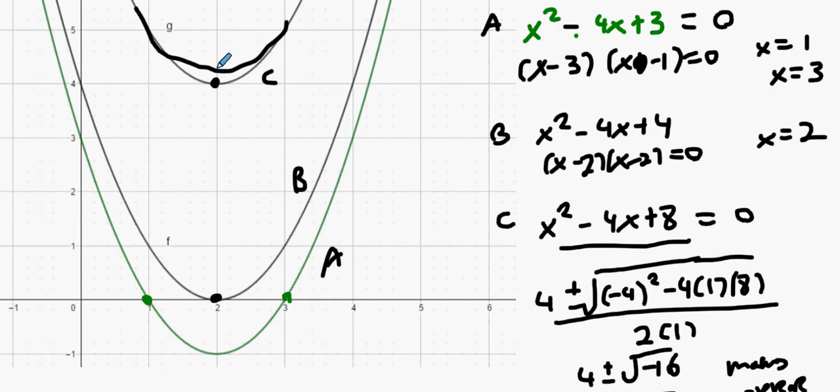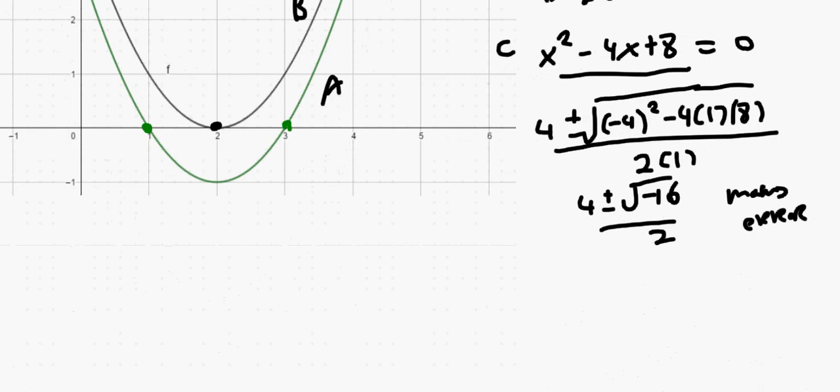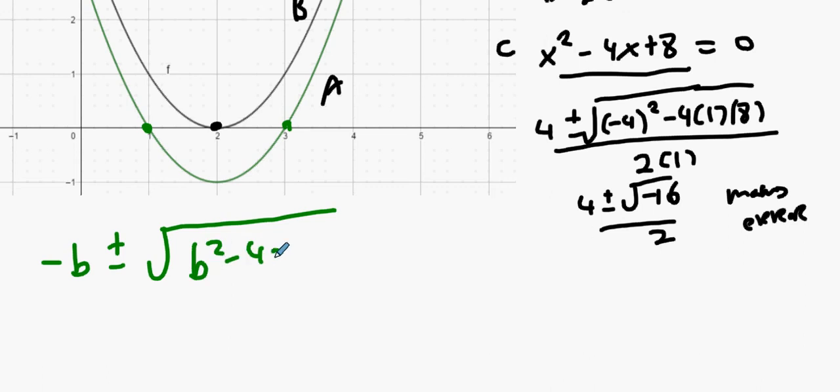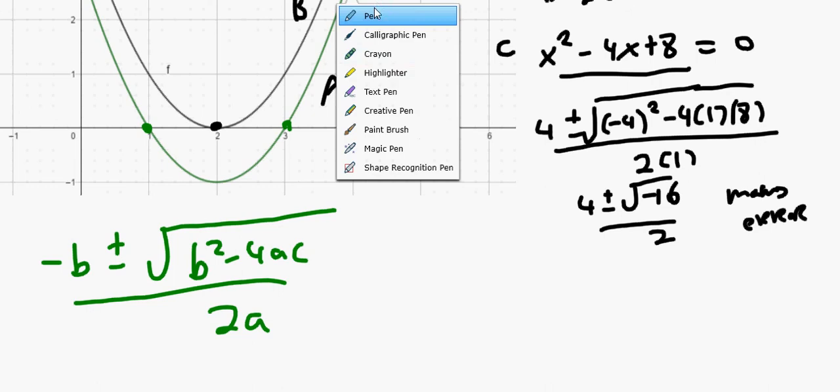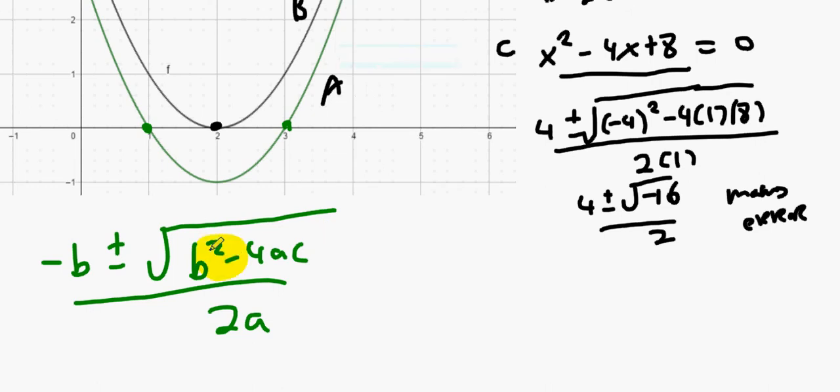Does that make sense? Now, what determines if it has no answers or not? Well, what determines it is the following: minus b plus or minus the square root of b squared minus 4ac, all over 2a. You see this part here? If that's positive or 0, what happens? If it's positive, what does that mean?